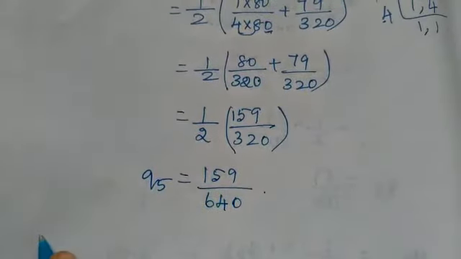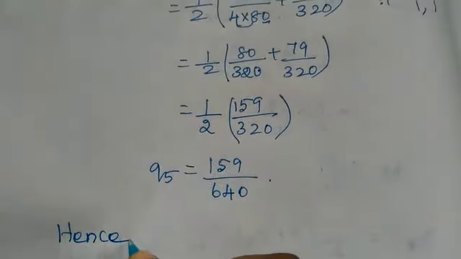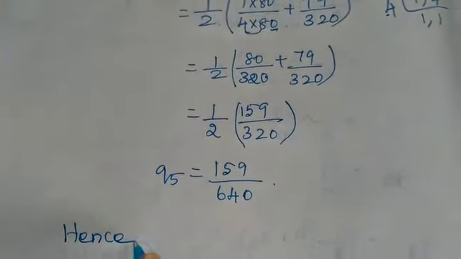Now what's our question? We want to find 5 rational numbers between 1 by 4 and 1 by 5.